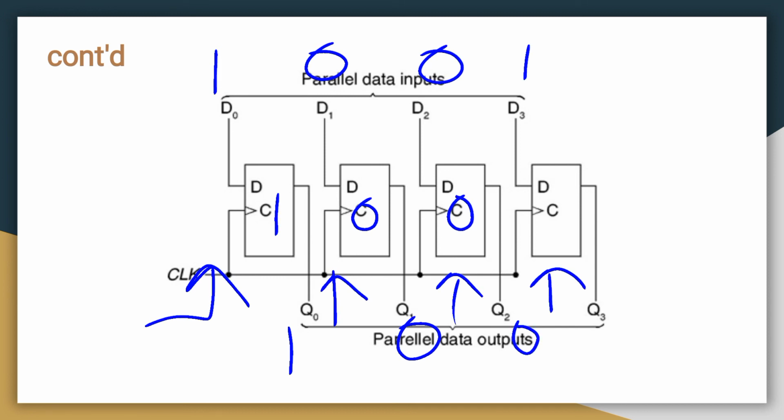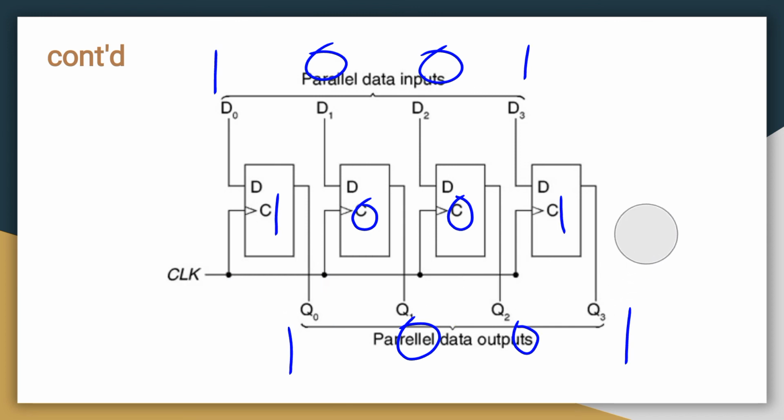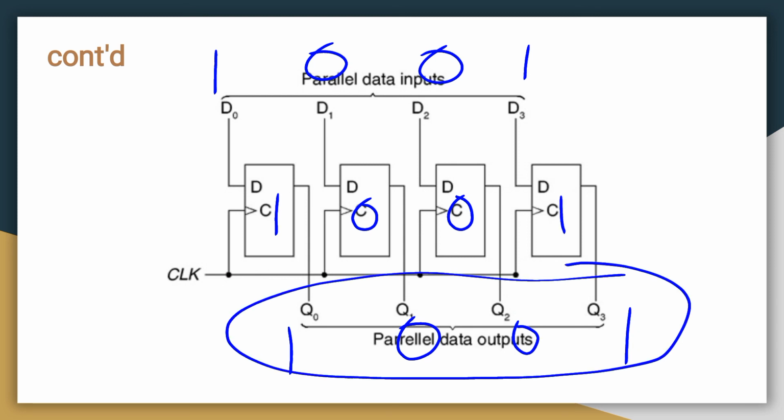For the fourth flip-flop, the input is 1 and the clock, it is set, the output is 1. So by this we will get all the input as it is at the output side. So this is about parallel input and parallel output.